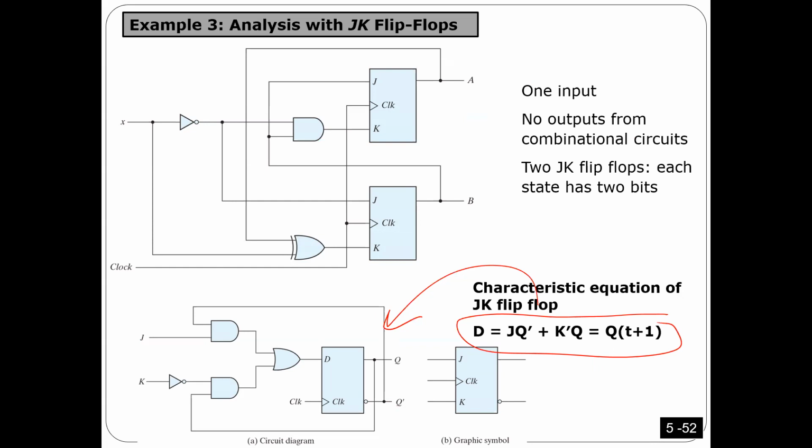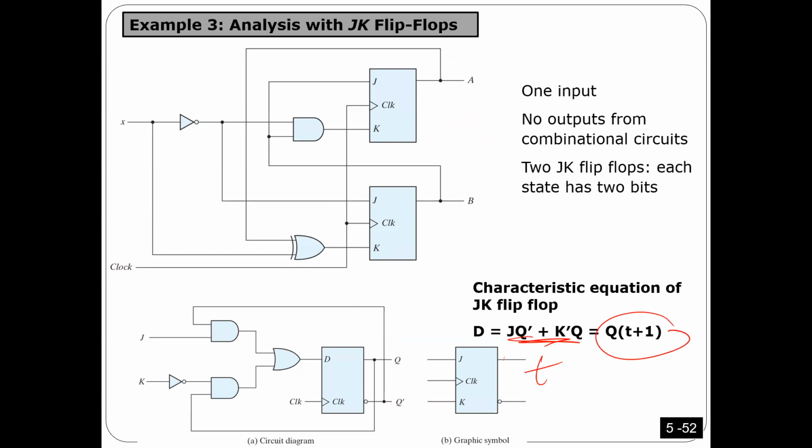The characteristic equation gives the relation between the output and the input, which is JK in this case. That means the new state is equal to J times the current value of Q prime, or so. This part is the new state, but this is at time T.